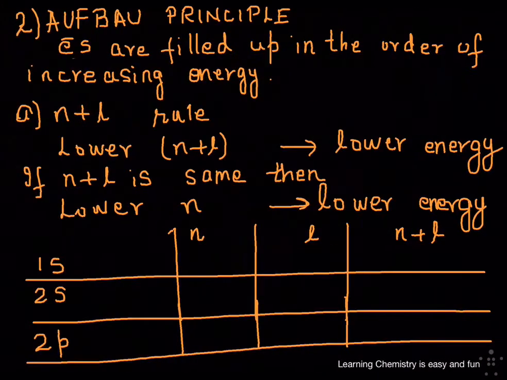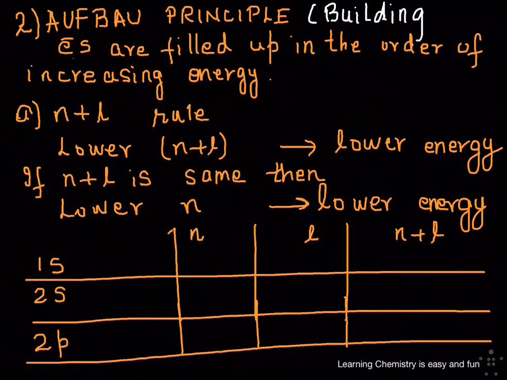Let us now go on to the second principle, which helps us to decipher or decide the electronic configuration of any atom. It is called the Aufbau principle, a German word meaning building up. So, we will be building up the configuration of the atoms. Now, this building up takes place on the basis of certain rules.